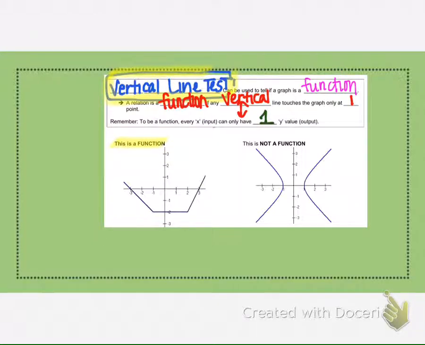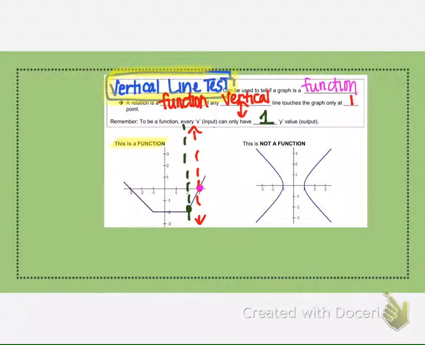If we take a look at this example here, this graph is a function because no matter where I draw a vertical line, so for example, if x is 3 and I draw a vertical line through it, there is only one point on the graph when x is 3. Let's say I draw a vertical line when x is 2. It only touches the graph once right here.